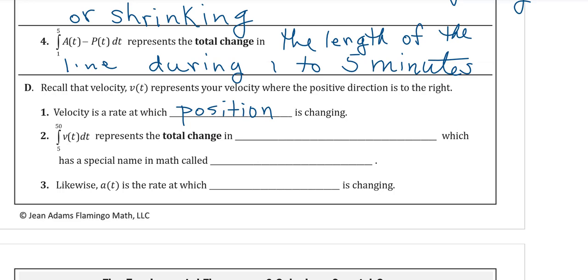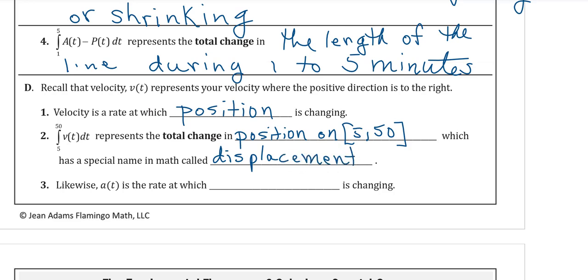Okay, so the integral from 5 to 50 of v of t dt represents the total change in position on our closed interval, which has a special name in math, and we call that our displacement instead of distance or position. Likewise, a of t, if we're going the other way, is the rate at which the velocity is changing.